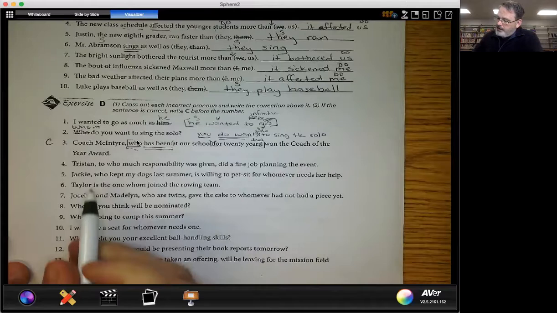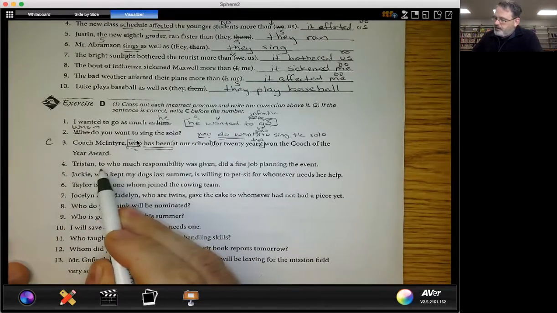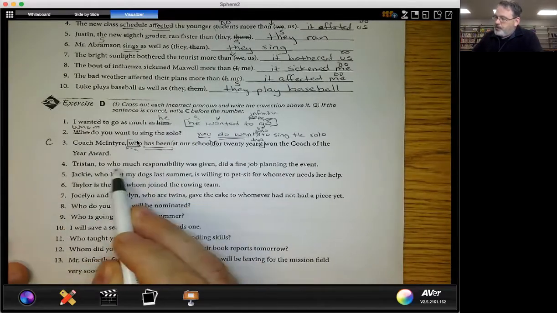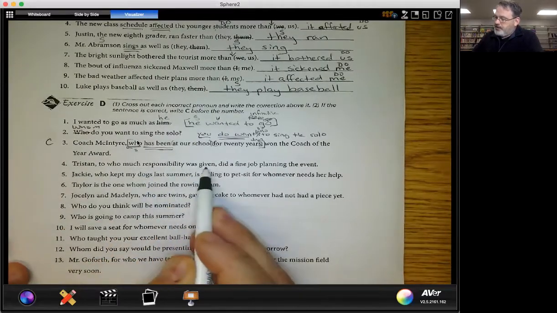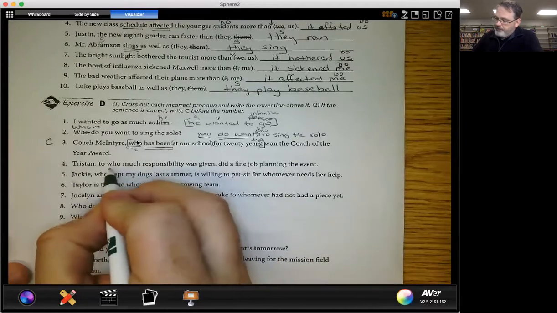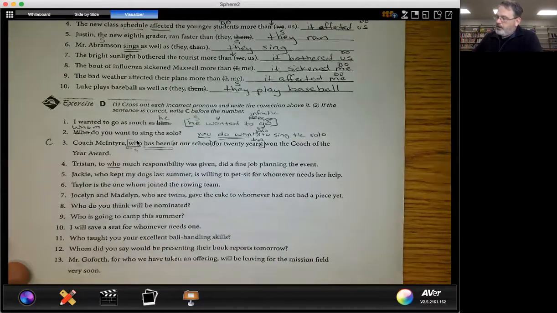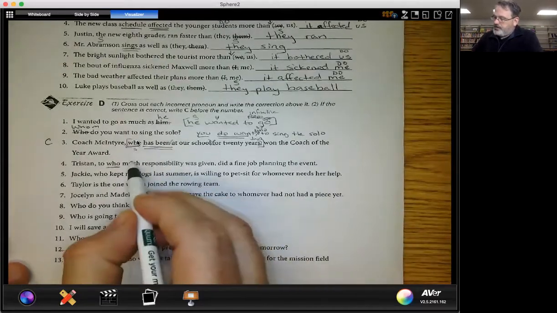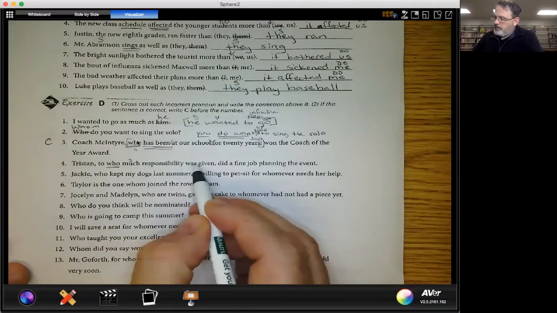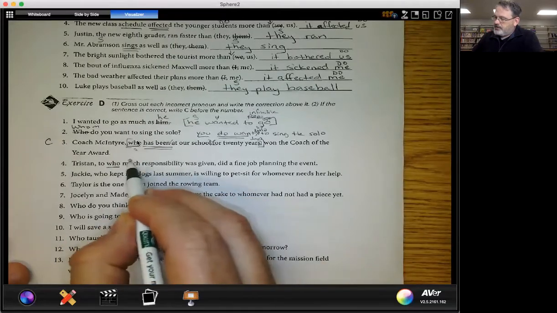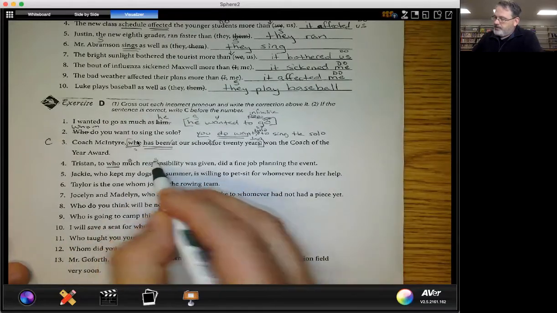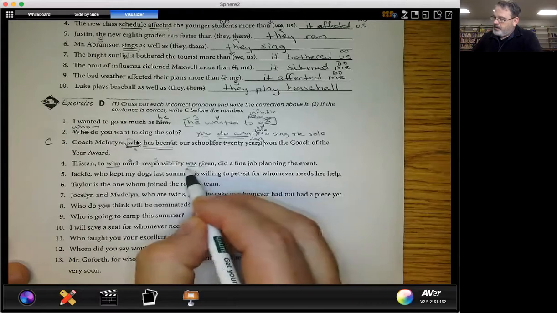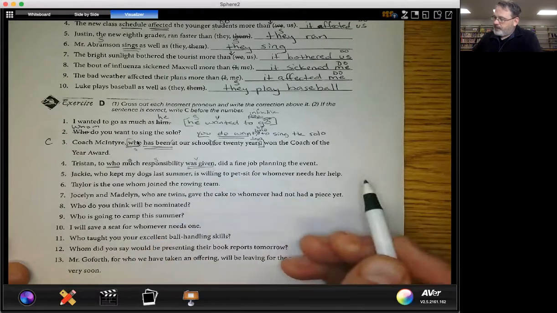All right. Number 4, Tristan, to who much responsibility was given, did a fine job planning the event. All right. Well, this is the subject. No, that's not. That's an adjective. This is the subject. Was given is the verb.